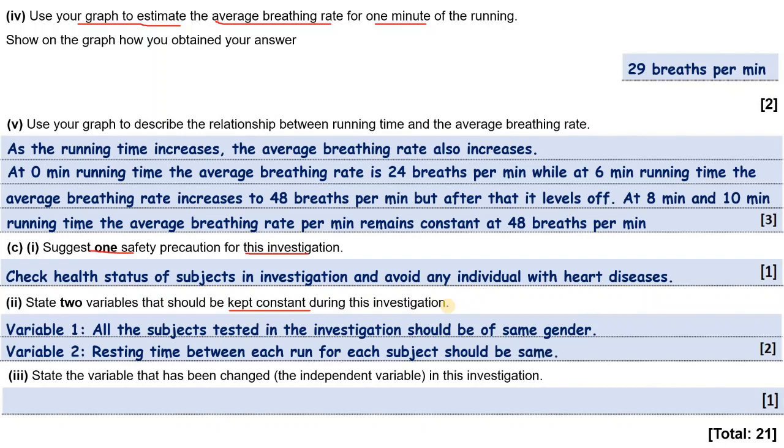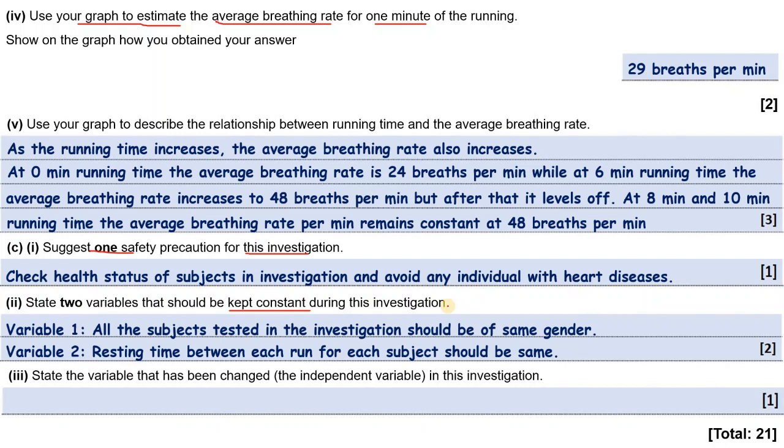So these are the two constant variables we can include. We can also include subjects of the same age. We can consider the investigation on subjects with the same ethnicity. So there are different variables we can consider as constants.